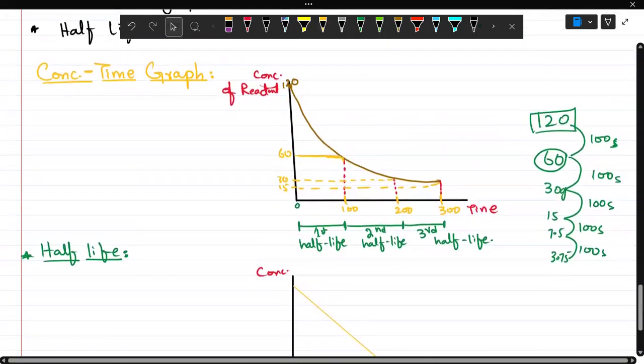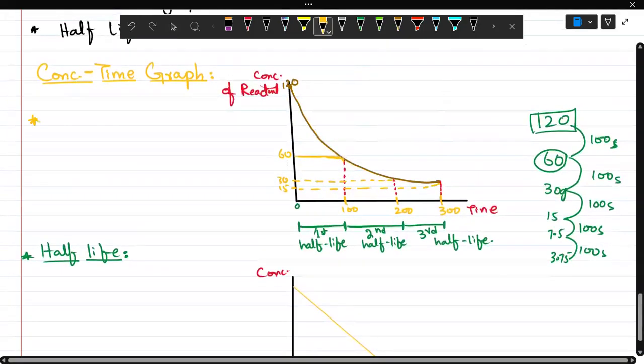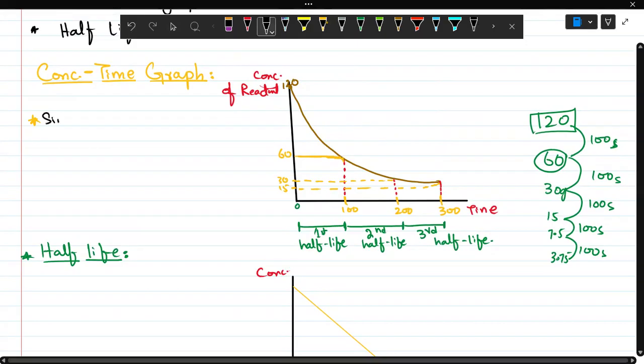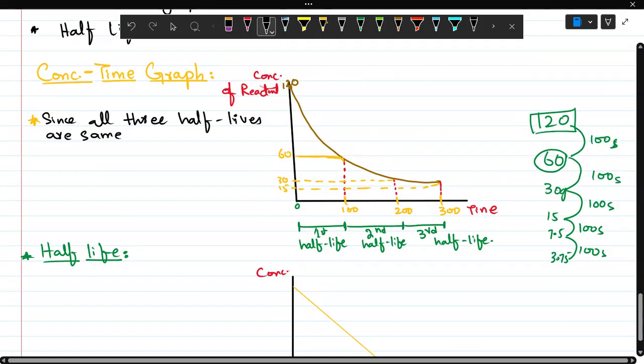Okay, let me put some points here so that you will understand and you'll note down these points as well. Since all three half lives are same, the reaction is first order.